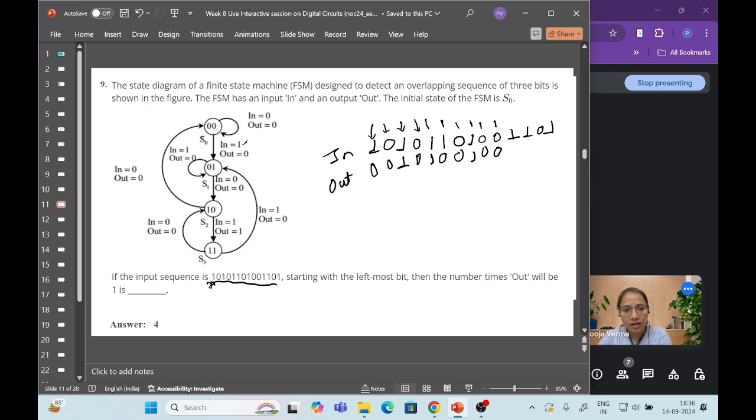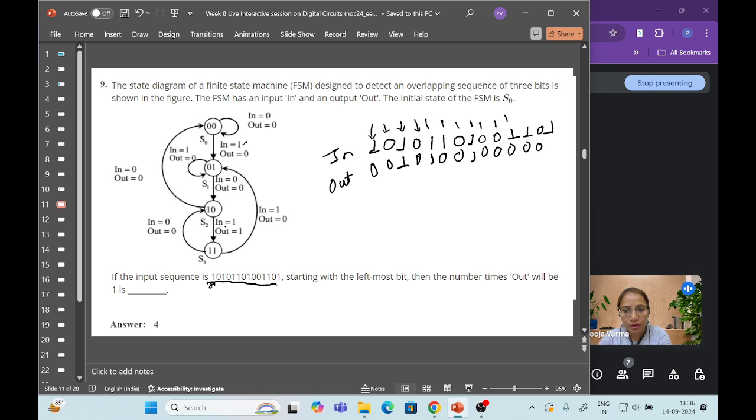Now next in is 1, out is 0. Again the next in is 1, so in is 1, out is 0, and it stays in the same state. Next in is 0, out is 0.